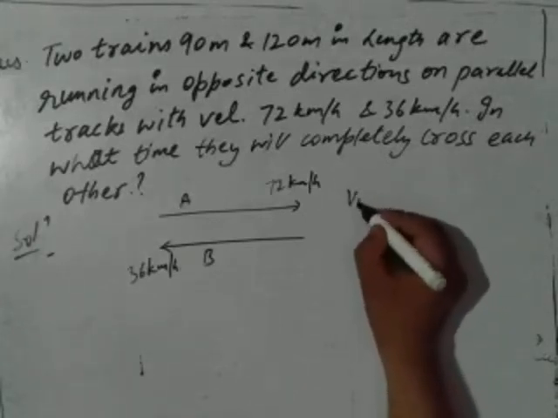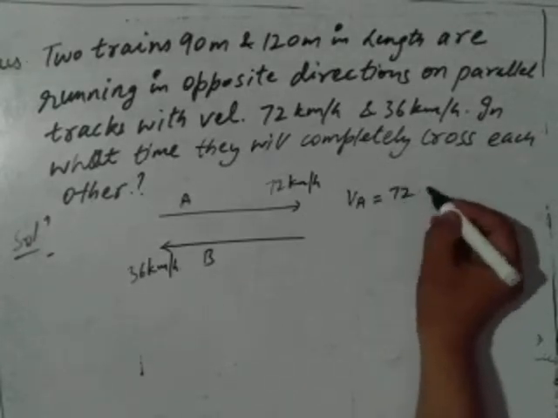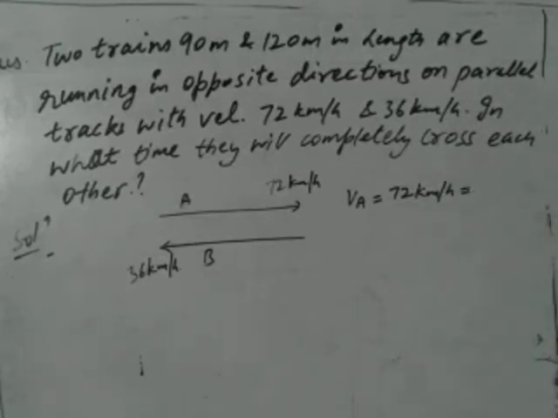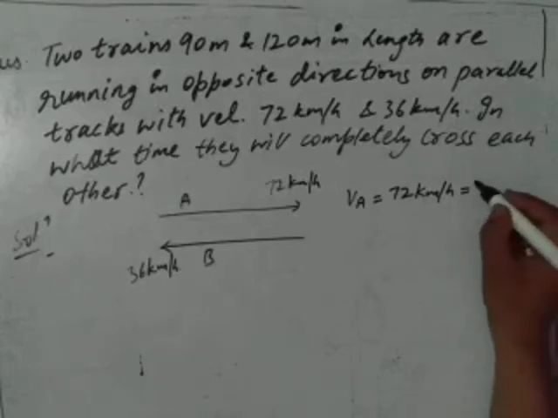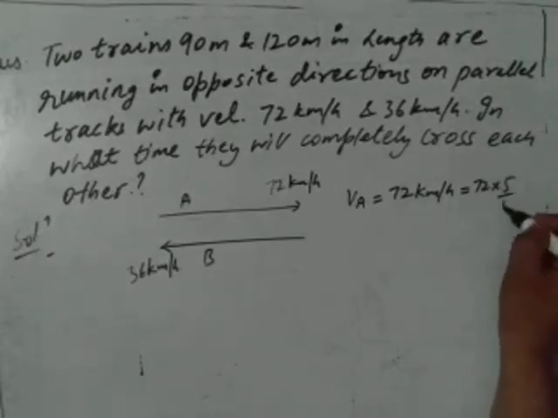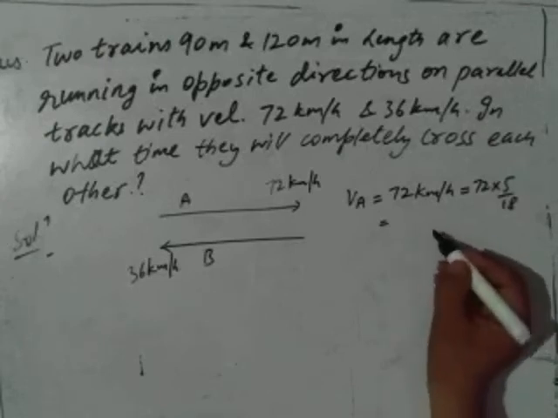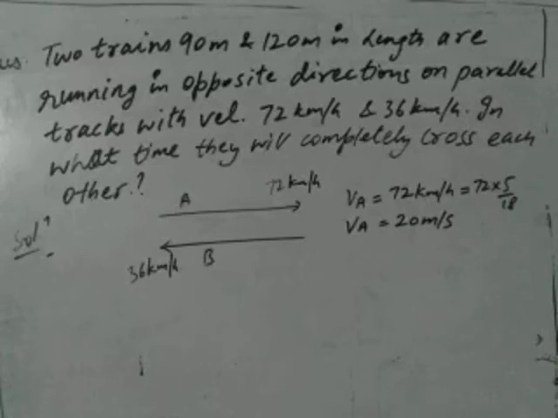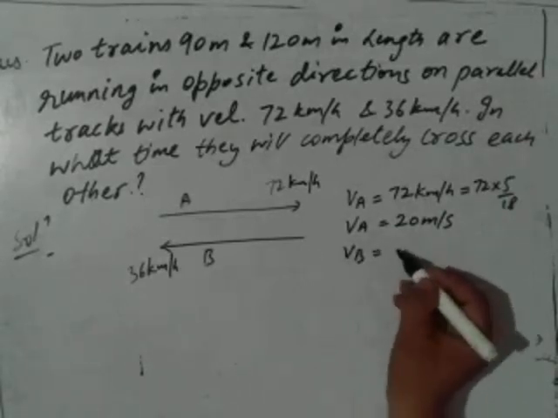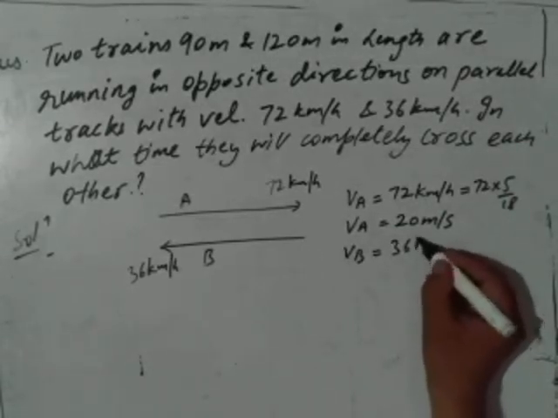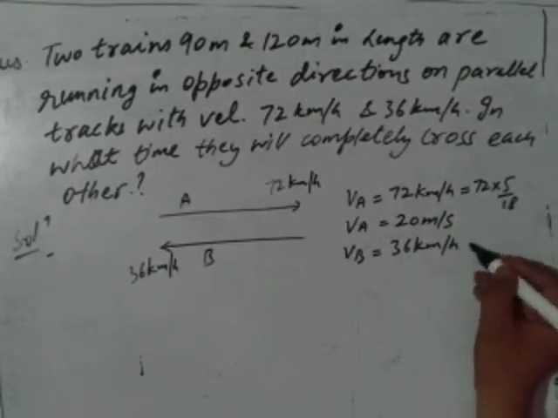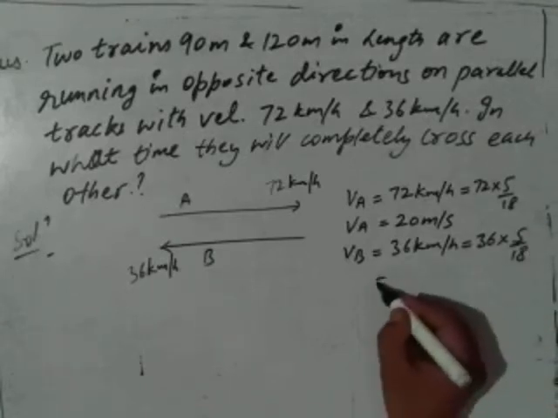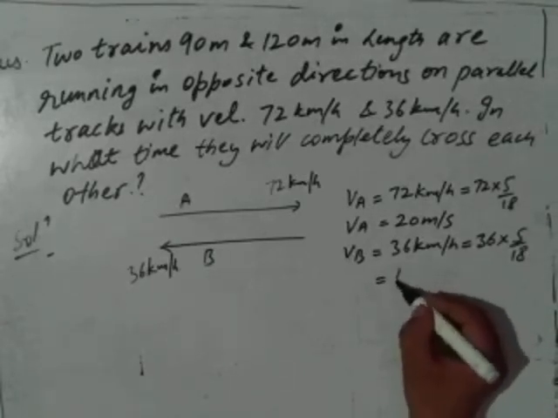So VA is equivalent to 72 km per hour, and that is converted into meter per second. That will be 72 into 5 upon 18, which becomes 20 meter per second. Similarly, VB is equivalent to 36 km per hour, 36 into 5 upon 18. This will become 10 meter per second.